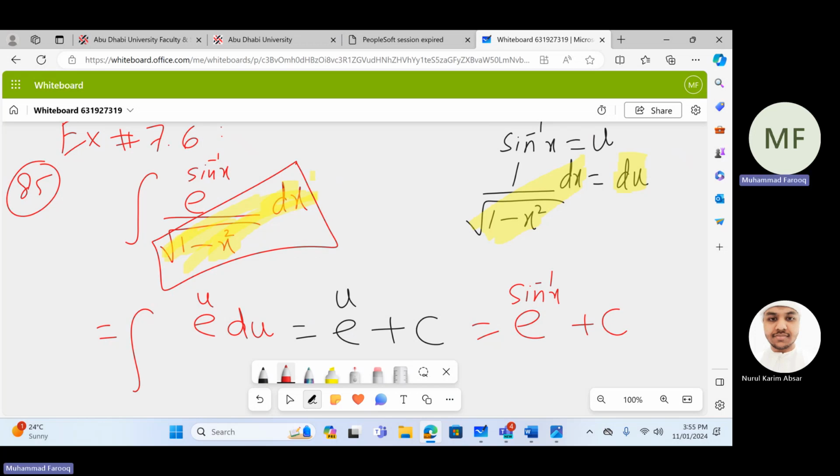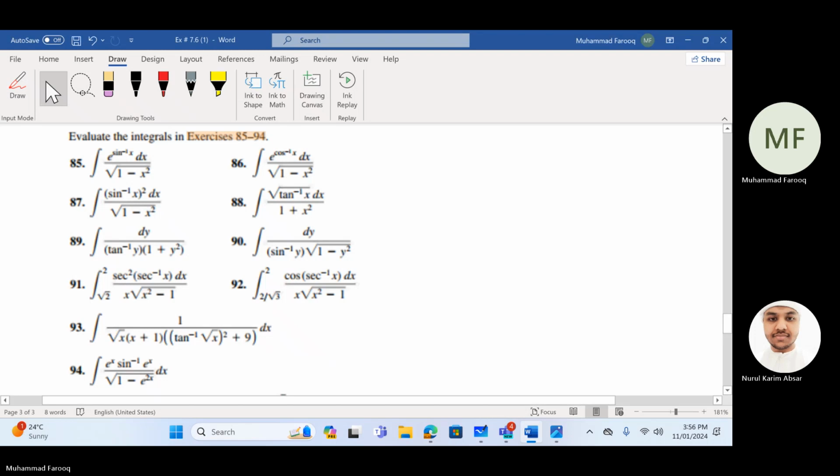Okay. Let's try one more question, please. Take, I think, question 92. The limits are 2 over radical 3 to 2. What do we take as u here? Secant inverse, same as before, and you can check the secant inverse derivative with the formula sheet.